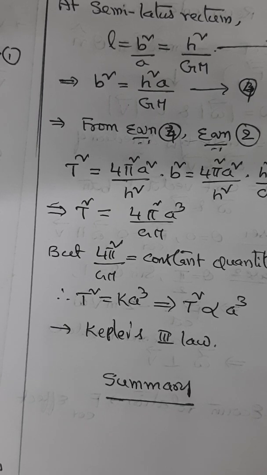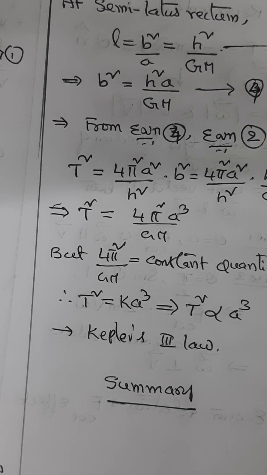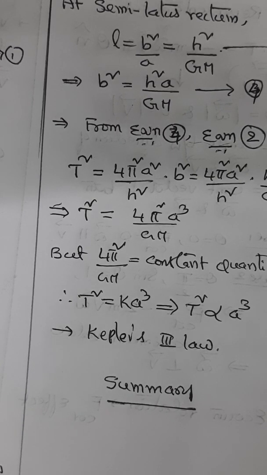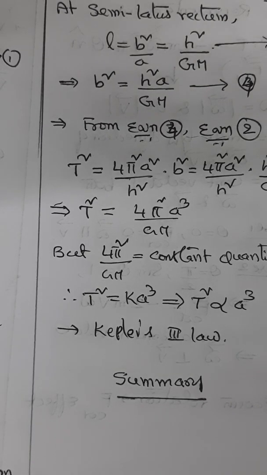The areal velocity of the radius vector for a particle under a central force is constant, or the radius vector sweeps area at a constant rate. If the body moves under the action of a central force, then the force is radial and is always towards a fixed point.